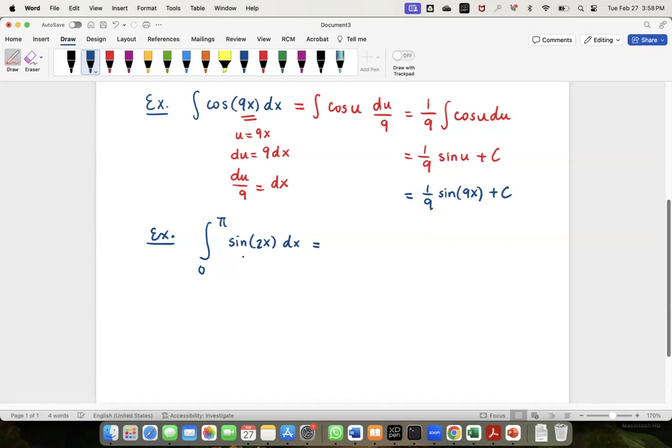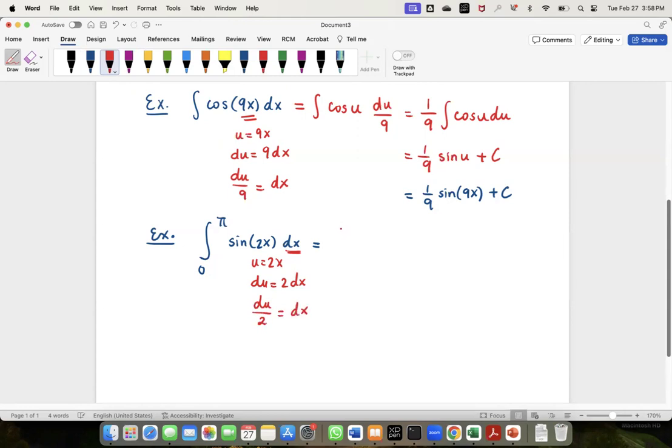So you can solve it in the same way, but this time you need to plug in pi and 0 and subtract. I have the substitution, u equals 2x, and then du will be 2 dx. So I have dx here, but I need to write it in terms of du, so du divided by 2 equals dx.